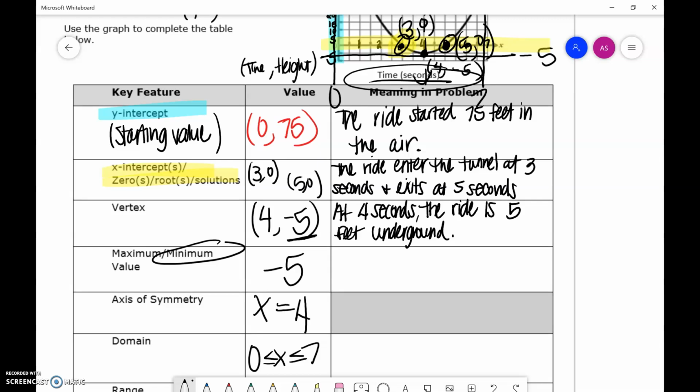Here, I just want to talk about my y for my minimum value. So I'm going to put the ride reaches its lowest point at 5 feet underground.